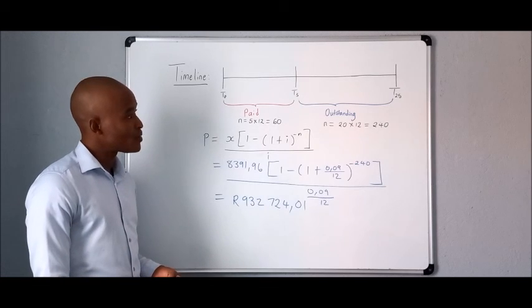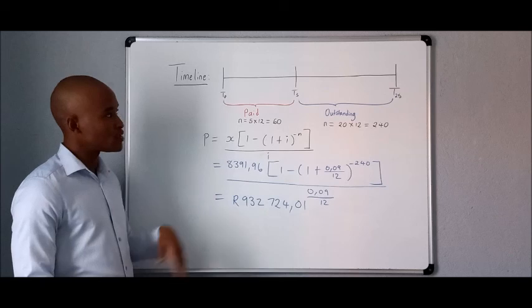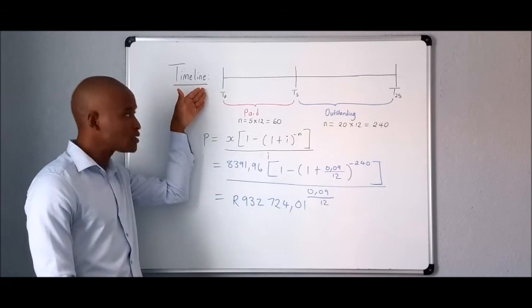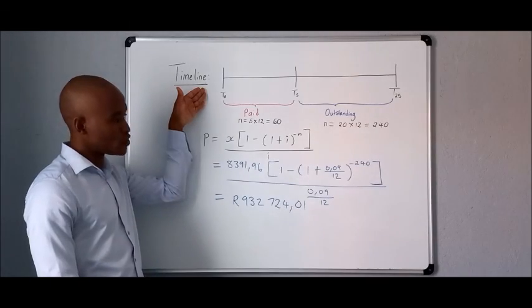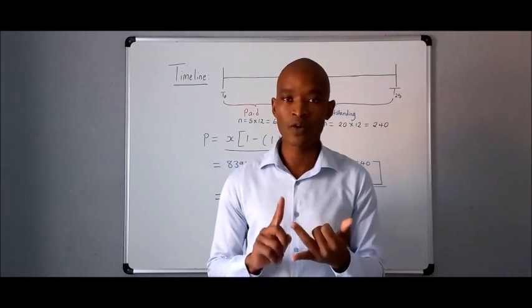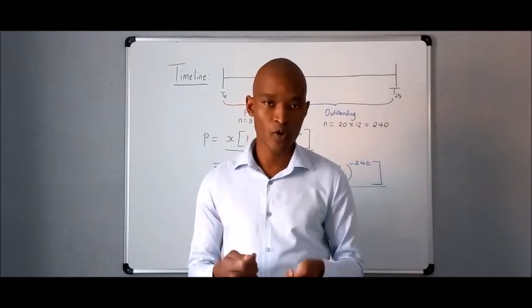I believe this is as clear as possible to you, and it's really about having a neat and ordered timeline in your solution, because remember, inquiry is about what is given, what does it mean, and how can I use what is given to solve the problem.